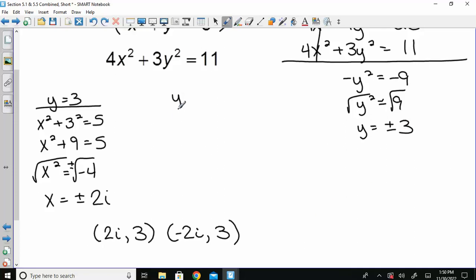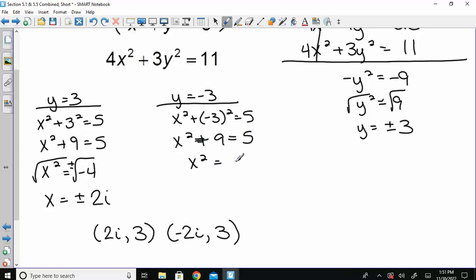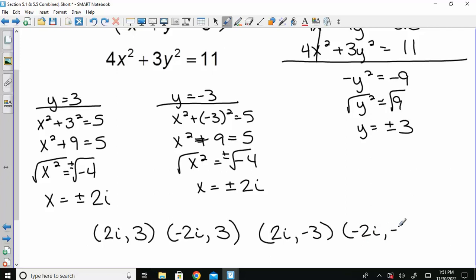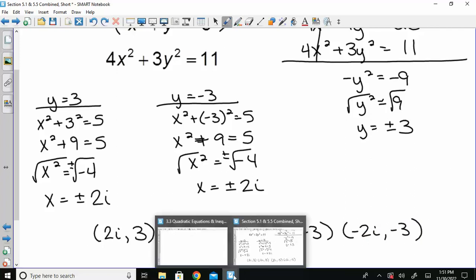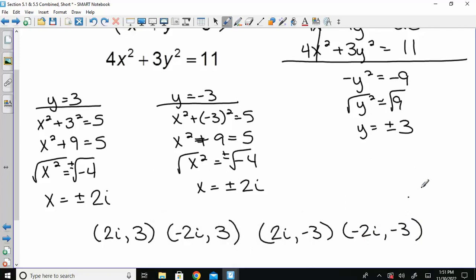Am I done? No, I haven't put in my negative 3 yet. And negative 3 squared is also 9. So we get the same thing. So this one had a total of 4 solutions. We also have 2i, negative 3 and negative 2i, negative 3.